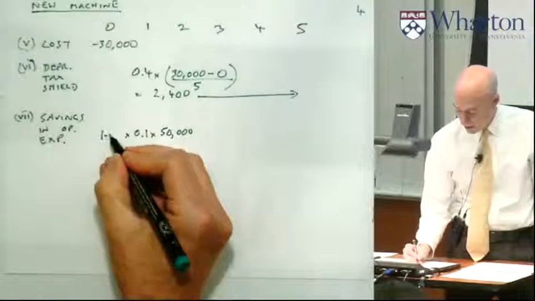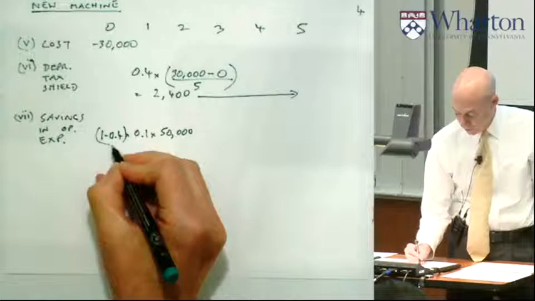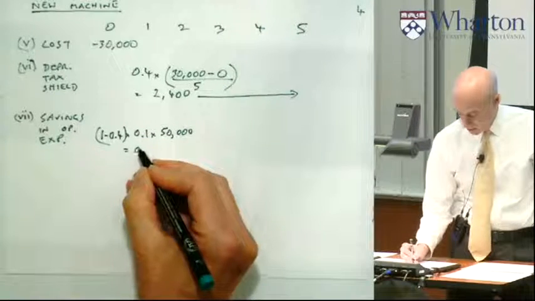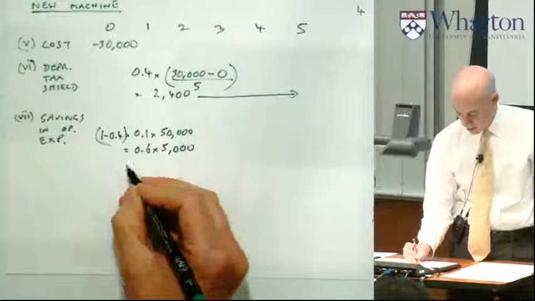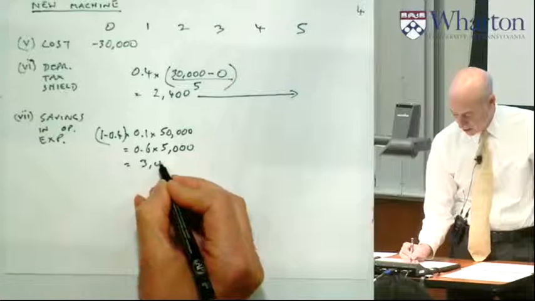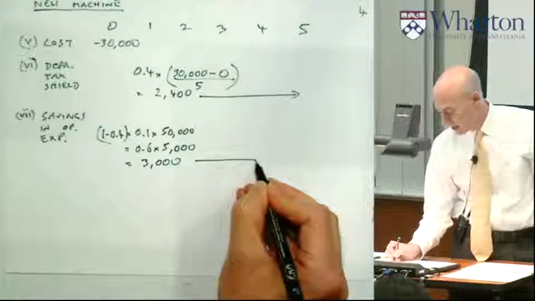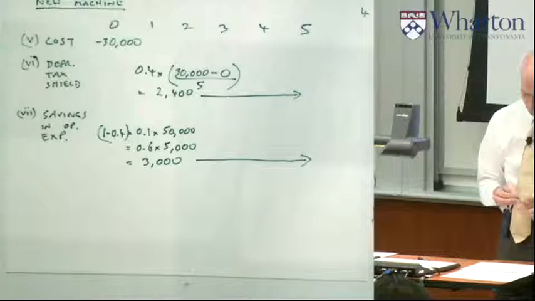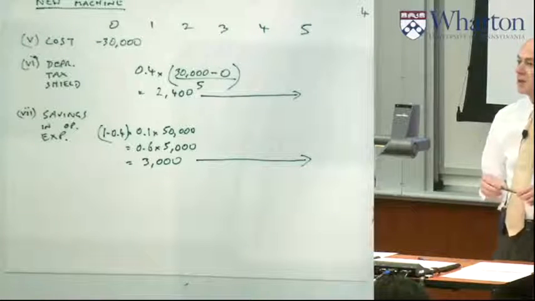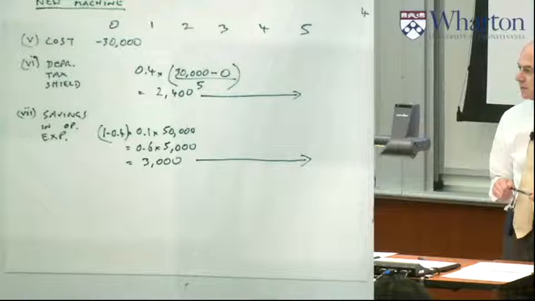So we're going to multiply by 1 minus 0.4, in other words 0.6 times 5,000, which is 3,000. And we get that in years 1 through 5. Any questions on any of that?